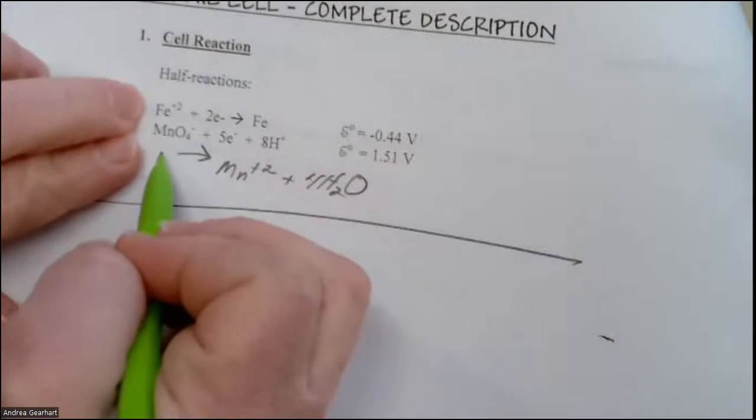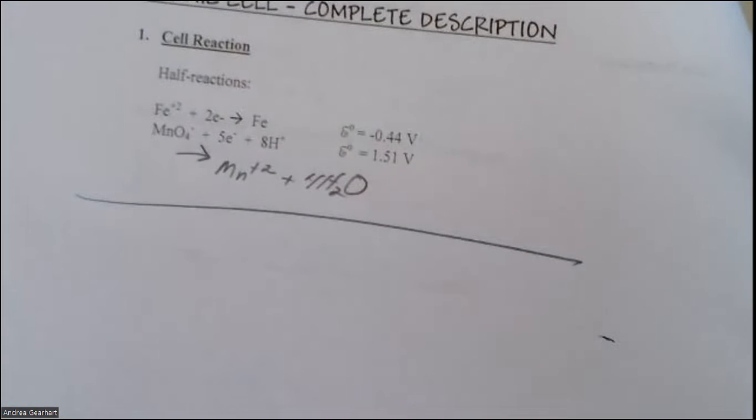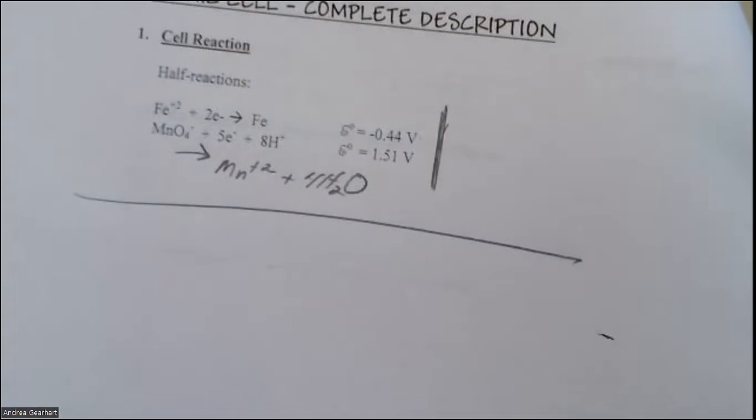You are given two reductions. We need to choose which one is going to be our oxidation. Which reaction do I flip so that when I add my half cell potentials, I get the largest positive value? All right, so what do I mean?